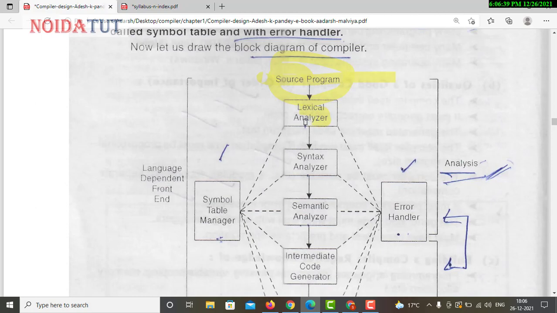It is going to scan the entire program. Then the syntax analyzer is known as the parser, in which it is generating the tree. In the semantic analyzer, it checks the meaning of the program.